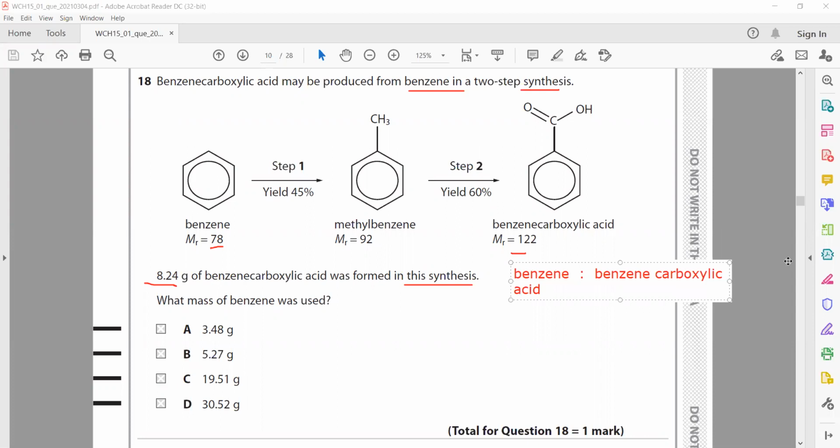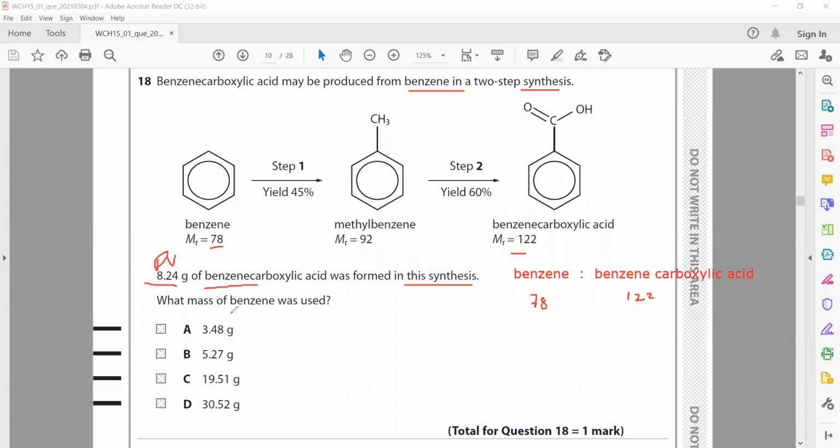So the ratio of their masses is 78 to 122. Now we can use this ratio to work it out. They mentioned we are getting 8.24 grams, which is the practical value.